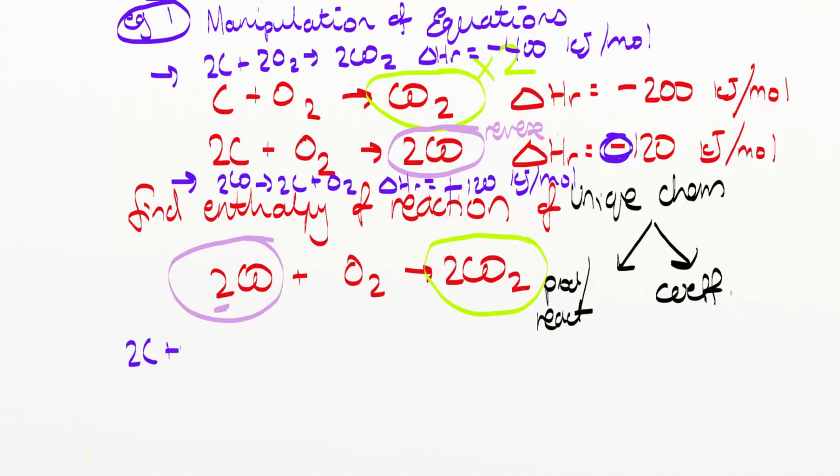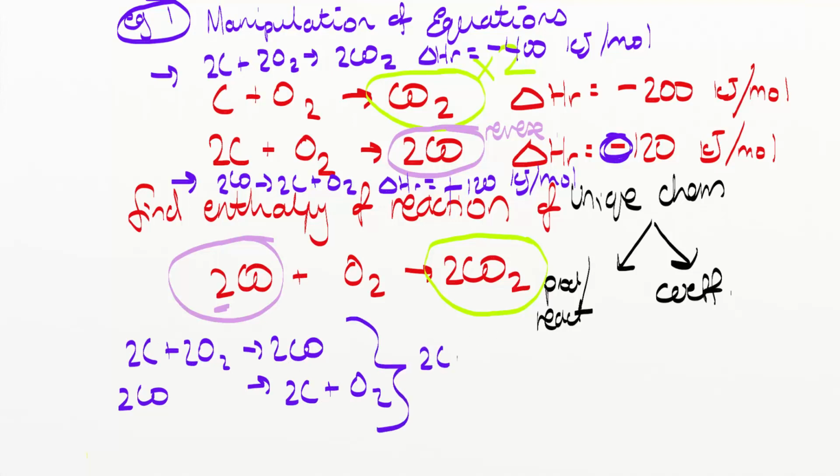So we've got 2 carbons plus 2 oxygens forms 2 carbon dioxide. That's the top equation here, and we'll add that to the bottom equation that we've manipulated: 2 carbon monoxide forms 2 carbons plus oxygen. So when we add these 2 equations together, what do we get?